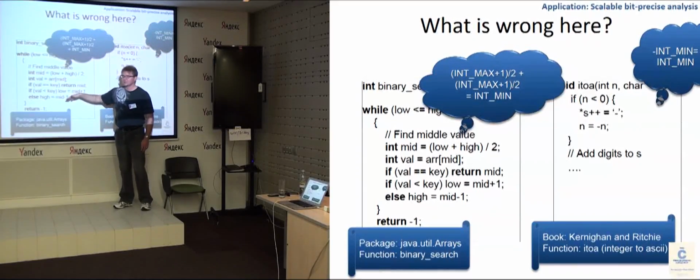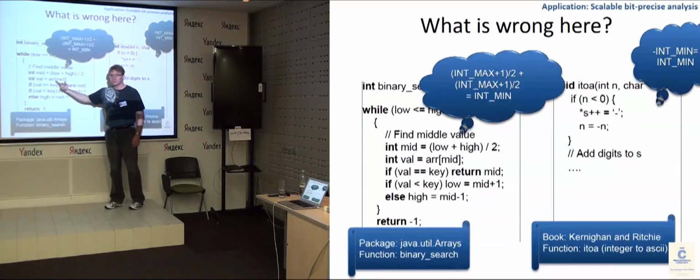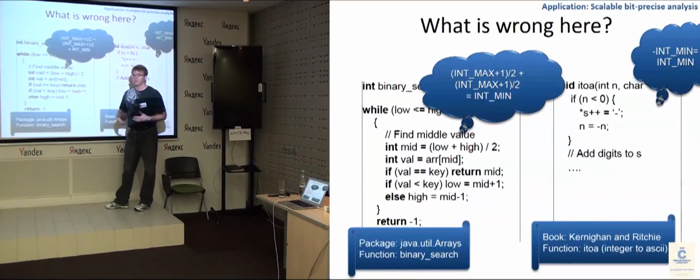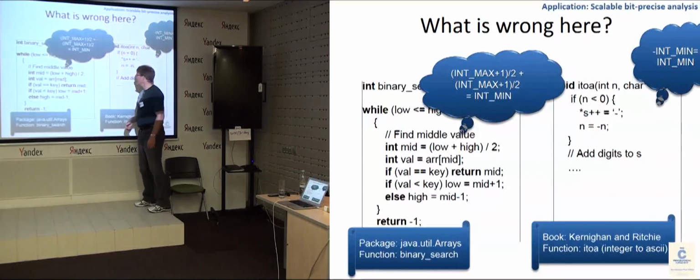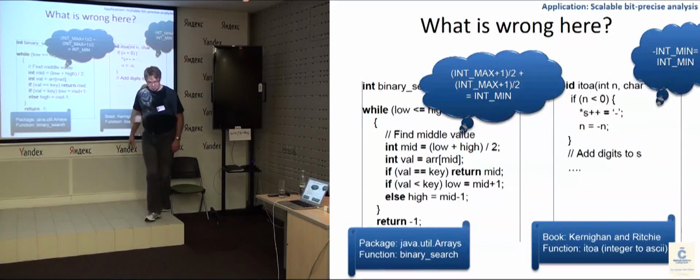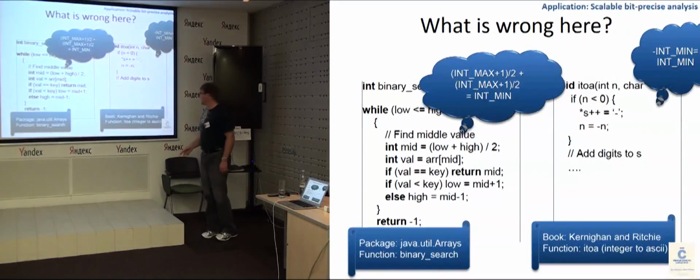But the point is that these kinds of bugs appear because when we normally program, we think in terms of standard integer semantics, not in terms of the integers in the semantics of Java or C, C++. And this one is taken from Kernighan and Ritchie's well-known book on C programming. It's a classic. In the first edition, they gave an example of a program that converts an integer to an ASCII string.